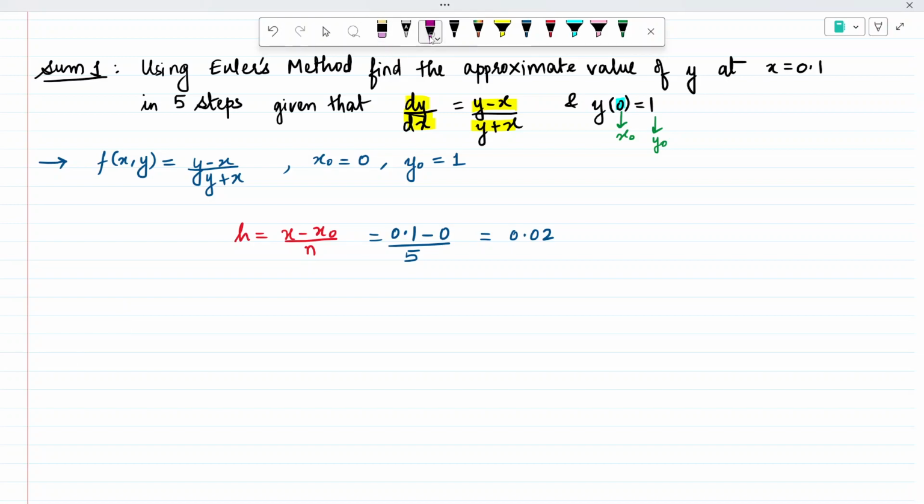I'll start with the table over here, and in the table I'll first make the column for n, then the second column will be xn, third column will be yn, then f of xn comma yn, and lastly yn plus 1 as per the formula, which is yn plus h times f of xn comma yn.